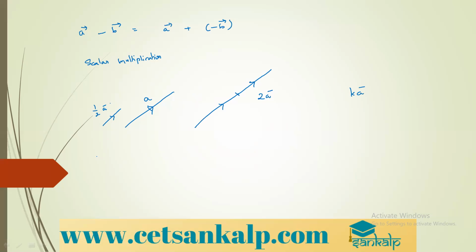So this is called scalar multiplication of vectors. Scalar multiplication means a number is multiplied to a vector. We can use this property like this: if A and B are collinear vectors, then we can write vector A equal to K into vector B.